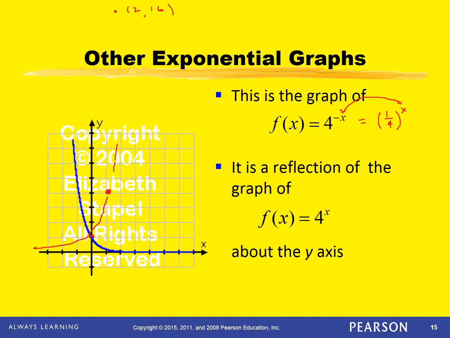So you get these two graphs, which are reflections of each other through the line x equals 0, which is the y-axis, because we're replacing x with negative x, and so we get that reflection when we do that.